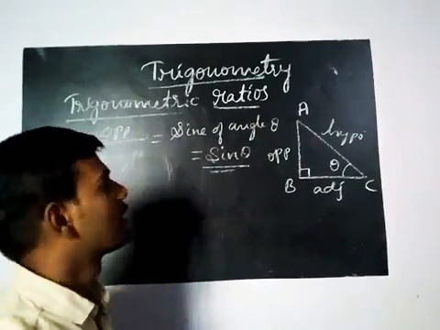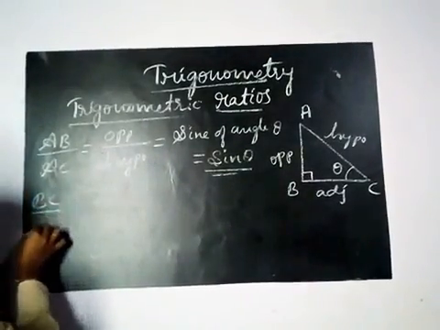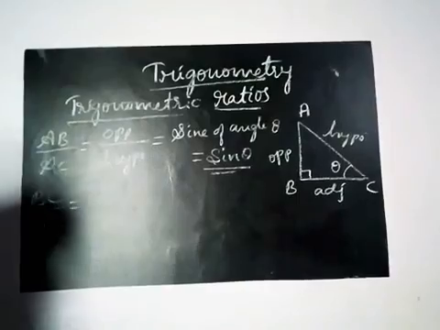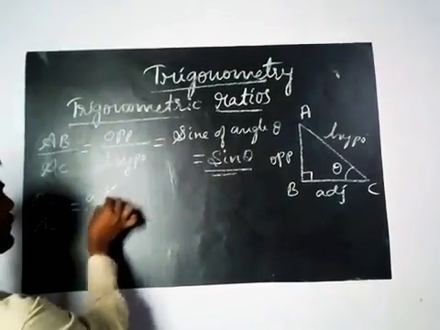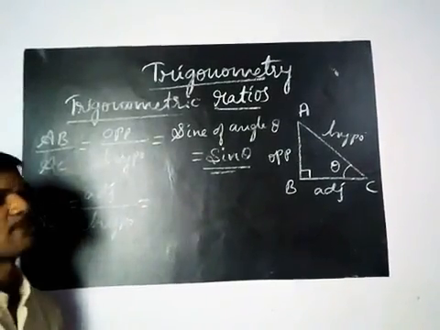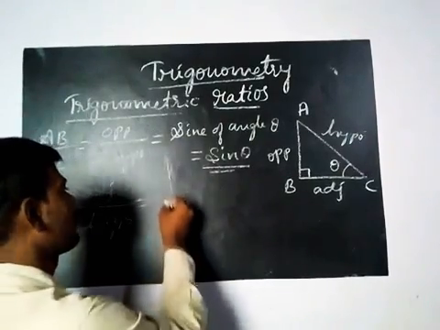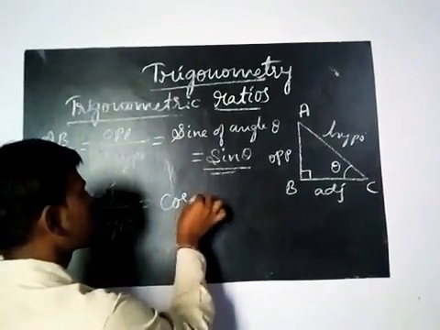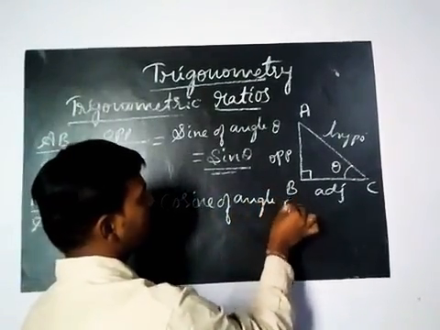The next ratio we have taken is BC by AC. BC is the adjacent side and AC is the hypotenuse. There is a special name for this ratio also in trigonometry, that is cosine of angle theta.